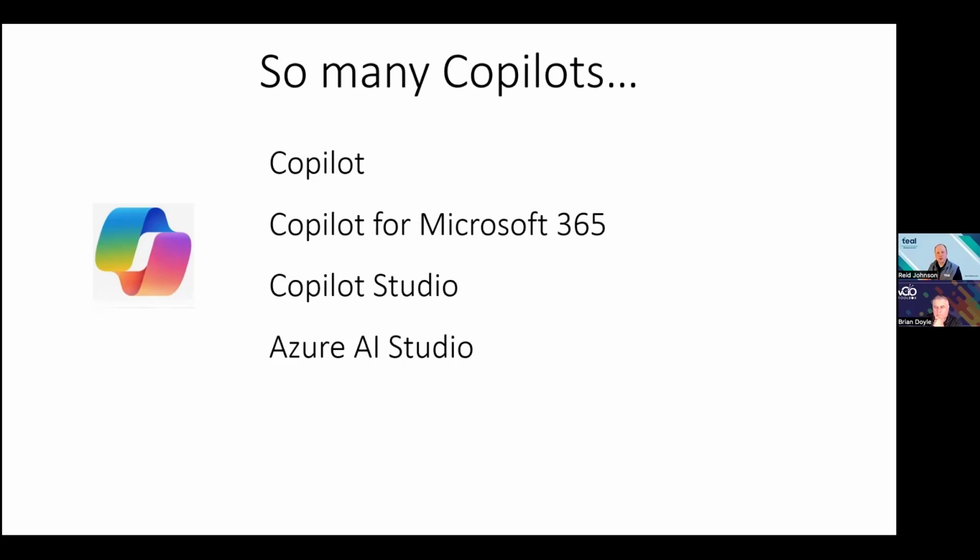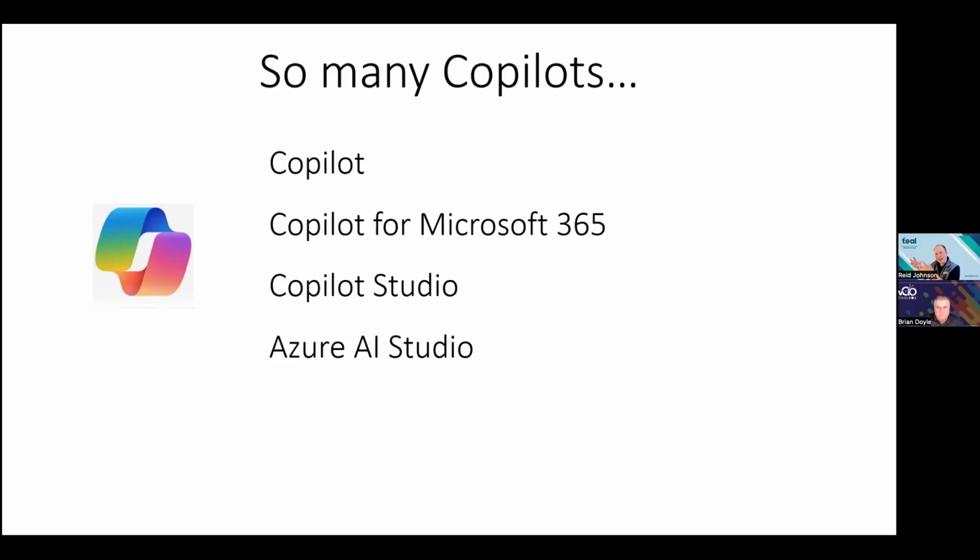And then there's Azure AI Studio, and that's really kind of the piece behind all of this. Azure AI Studio lets you create your own large language model, lets you build your own custom GPTs effectively, and it lets you access data that's outside of your tenant, like SQL databases, maybe third-party services through APIs.